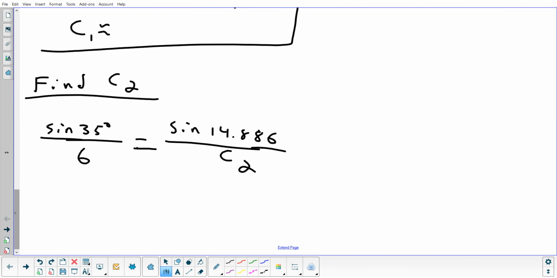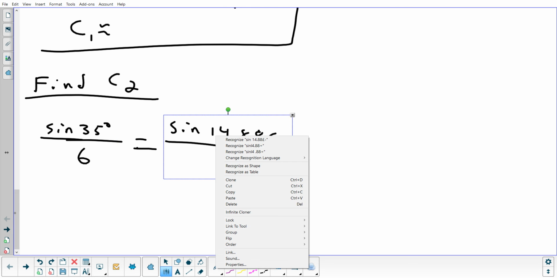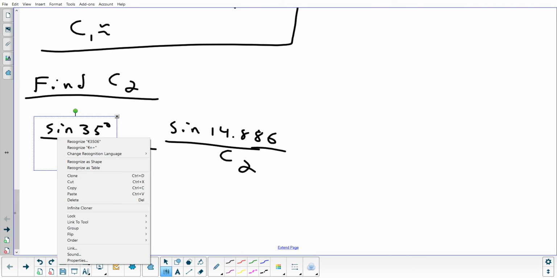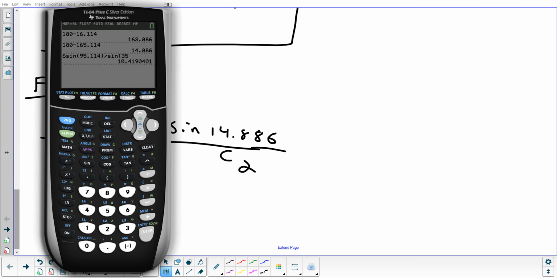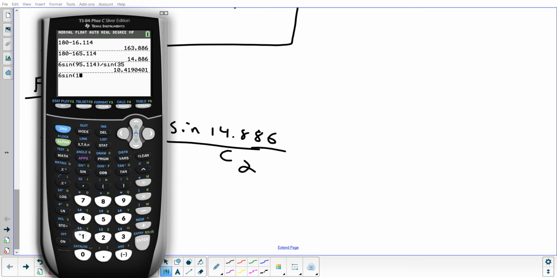Okay, so cross multiply and solve it. So you're going to do 6 sine 14.886, and then you're going to divide by the sine of 35. Any questions on how I'm doing the cross multiplying there? We did that last time, so I'm not focusing too much on it right now.